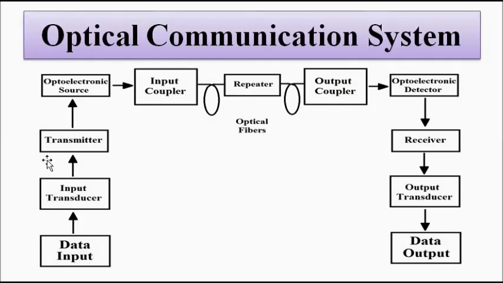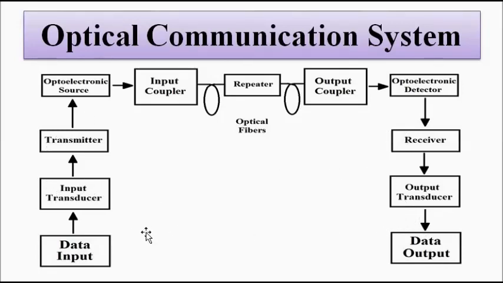So this is the basic block diagram representation of the optical fiber communication system. Like I said, each of these blocks are separate sections of the optoelectronics subject. So we'll cover this subject according to this.